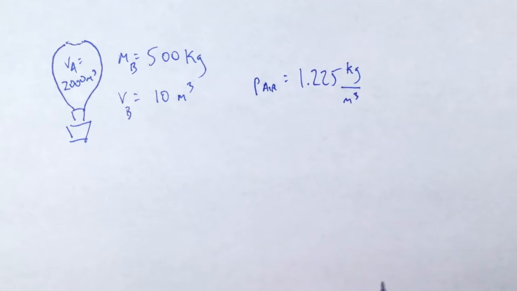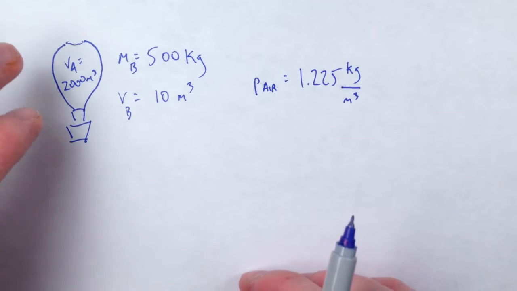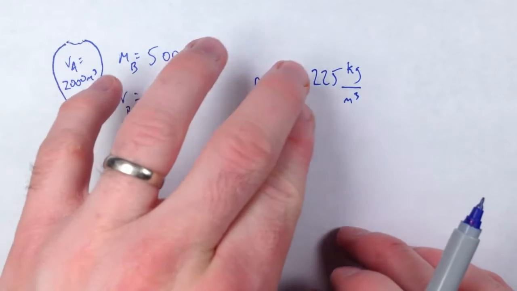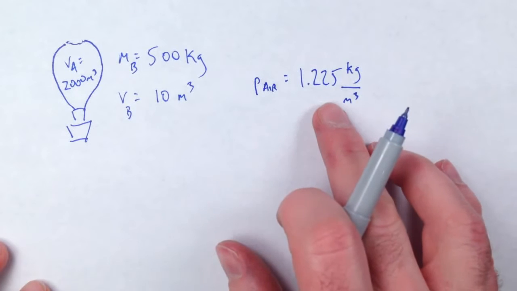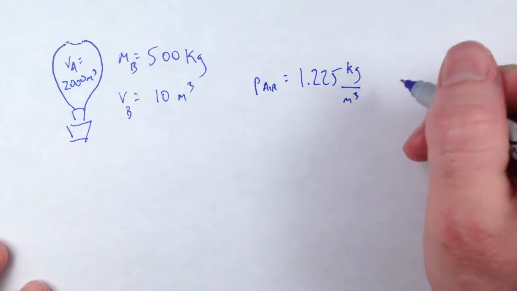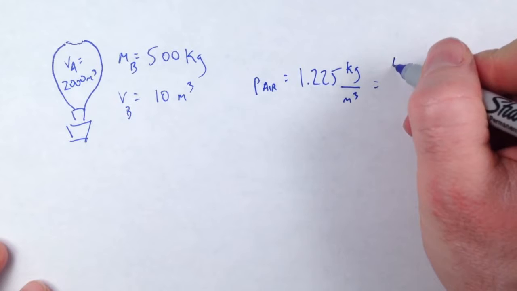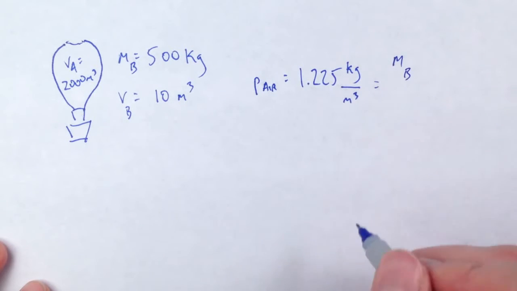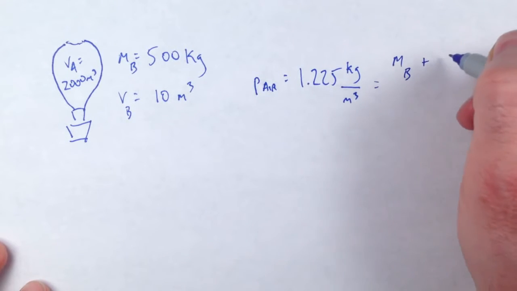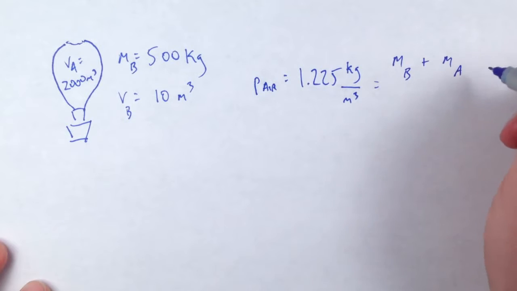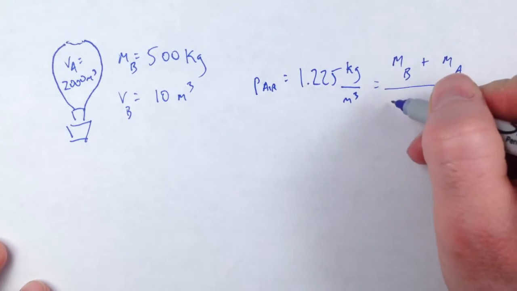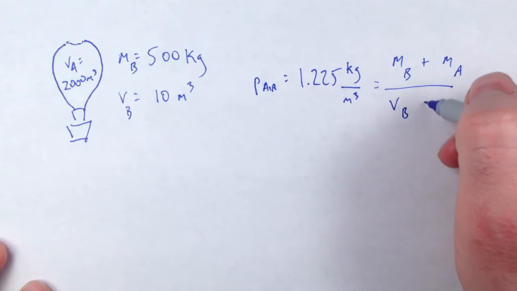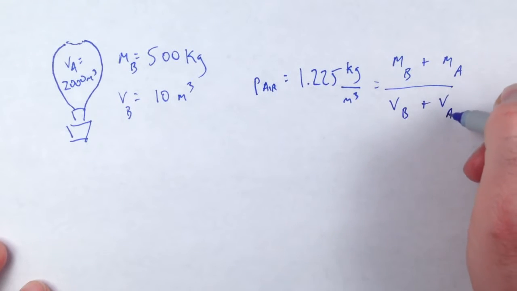The idea is we need to get the density of this balloon to equal that. In other words, this quantity, 1.225, must be equal to the total mass of the balloon plus the total mass of the air contained within the inflated balloon over the volume of the balloon itself plus the volume of the air within the balloon.